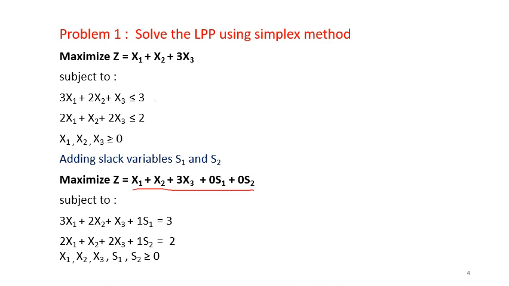So in this particular equation, you will add the first slack variable, that is S1, and convert it into an equation.